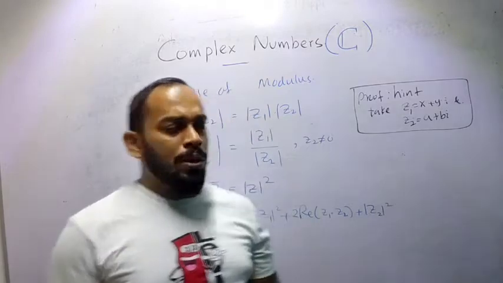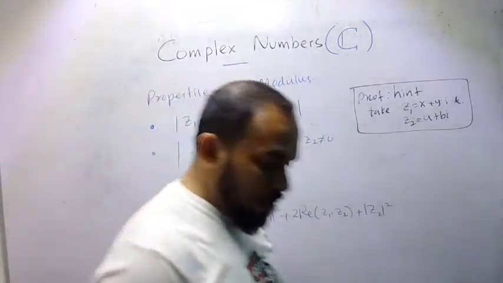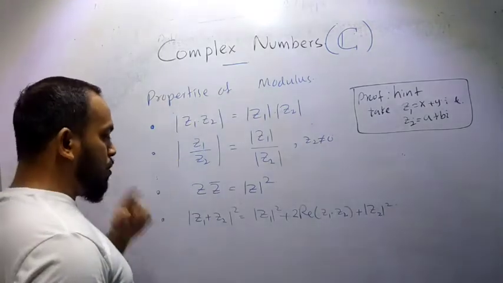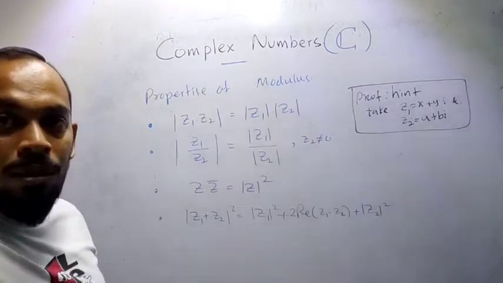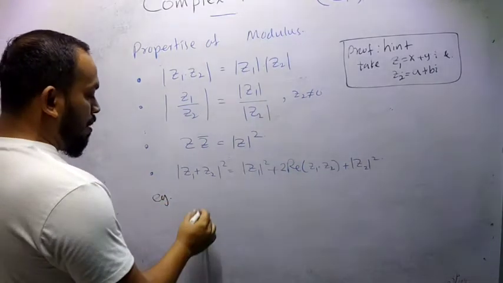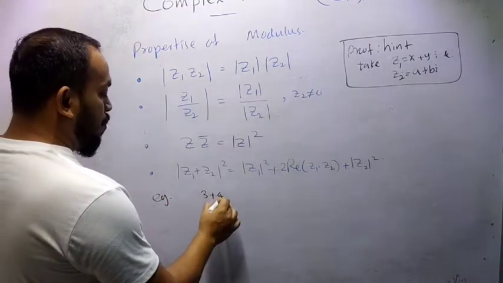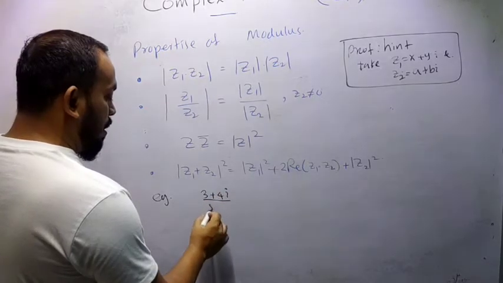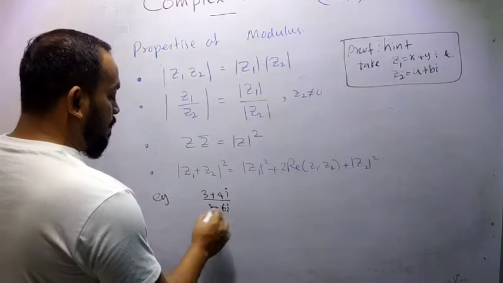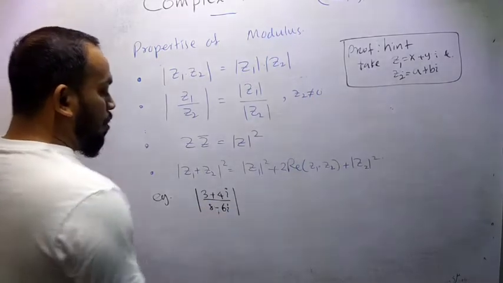Try this before you join the class. Now let me show you why this is important. Suppose, when it comes to division, for example, you get (3 plus 4i) divided by (8 minus 6i). They ask you to take the modulus.